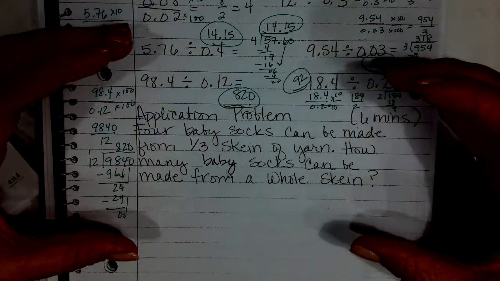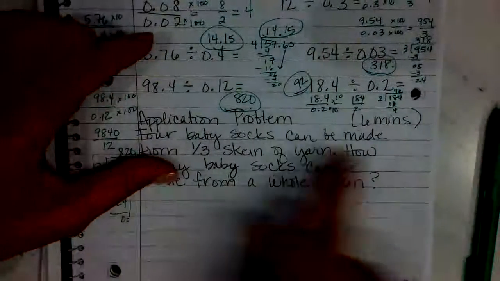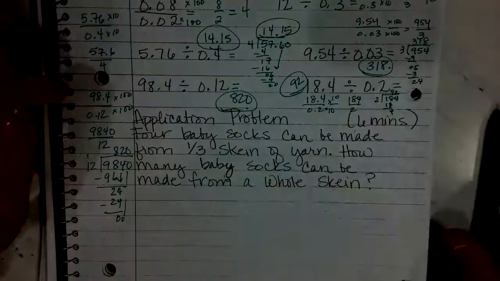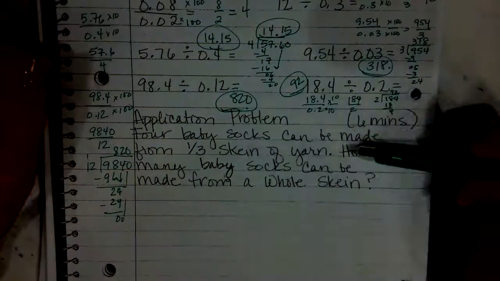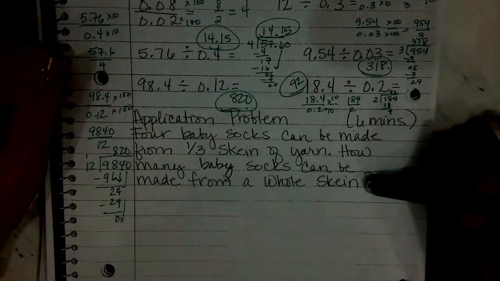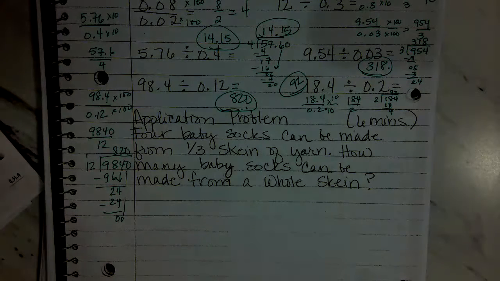Those are called a skein, and they're soft, and they're wrapped, and the yarn is looped like this all together. That's called a skein of yarn. How many baby socks can be made from a whole skein?